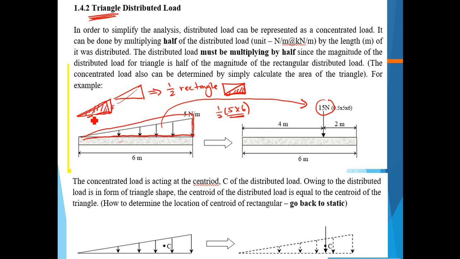The area is 1/2 times 5 times 6, which equals 15. This concentrated load must be positioned at the centroid. So how do we determine the centroid for a triangle?